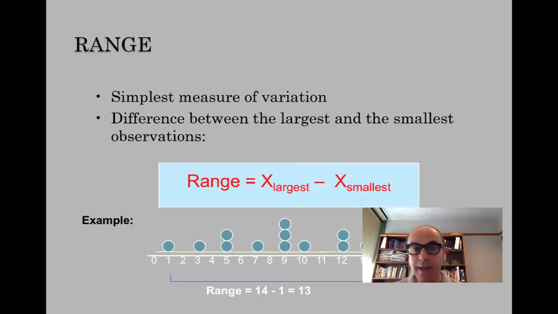The range is the simple way to measure the spread of the data, and it is the difference between the largest number and the smallest observation. So in this case, x largest minus x smallest, in this case 14 minus 1, equals 13.